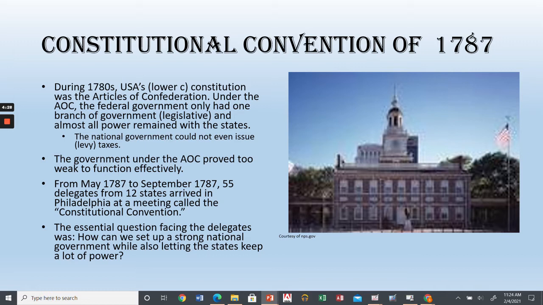They were creating a balancing act. They had to let the states keep enough power that the states would ultimately agree to the Constitution, but they had to give the national government enough power that it could actually function, because it wasn't really functioning under the Articles of Confederation. That, like so many other things in the Constitutional Convention, is a balancing act that they had to sort through that summer.